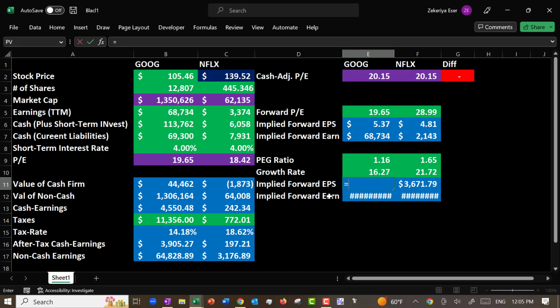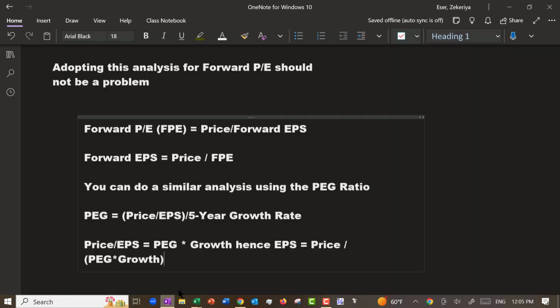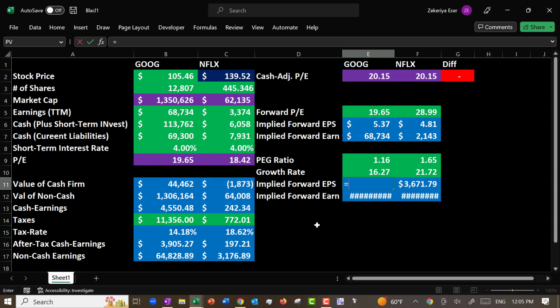First, let's get the implied forward EPS. PEG, price divided by PEG times growth.